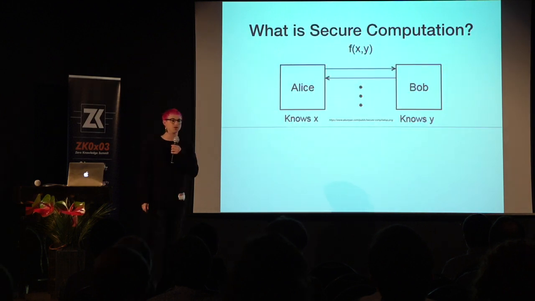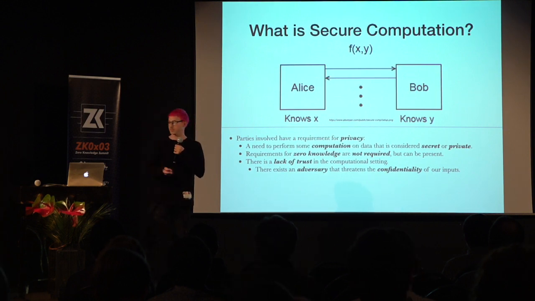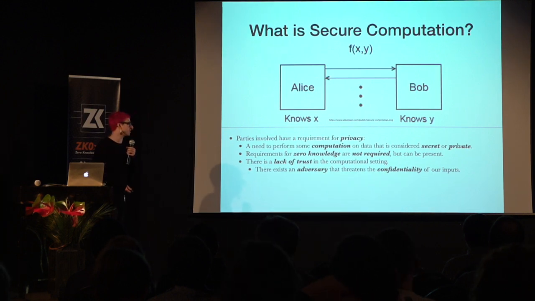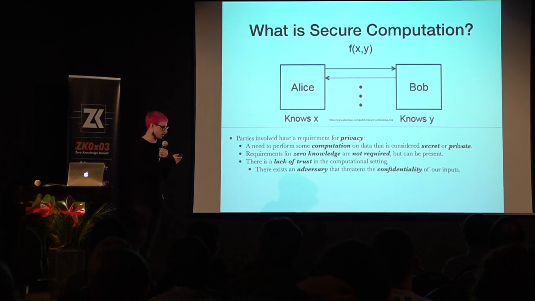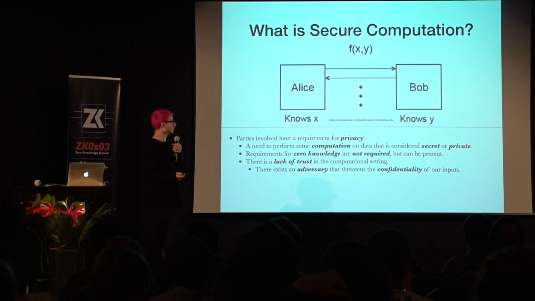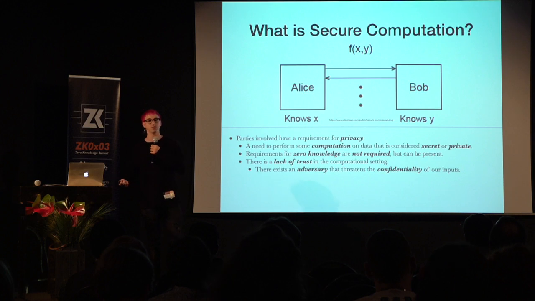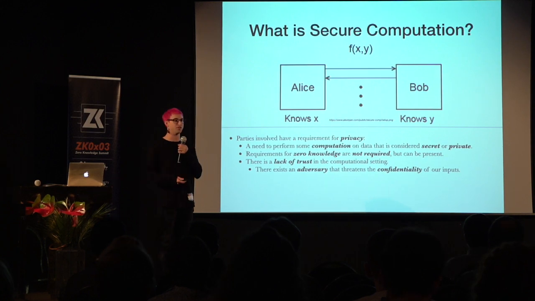What is secure computation? Typically there's a requirement for privacy. There are parties, and usually somebody needs to perform some function f on some inputs, in this case x and y. There's usually a requirement for privacy where the data x or the data y may not want to be revealed when you're doing some sort of computation, or the output of that, and the computing party may not want to reveal that.